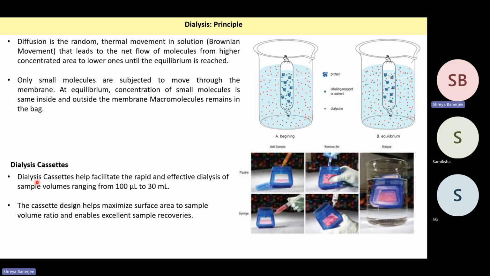But now with advancing technology, there are things called dialysis cassettes, and they increase the speed of dialysis by a lot. The concept is the same, but the design helps to maximize the surface area to volume ratio, which speeds up the process of crystallization.